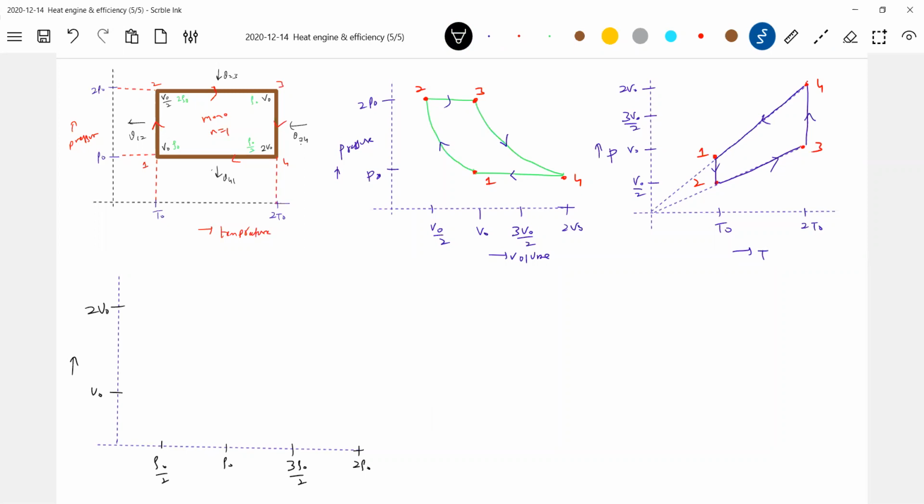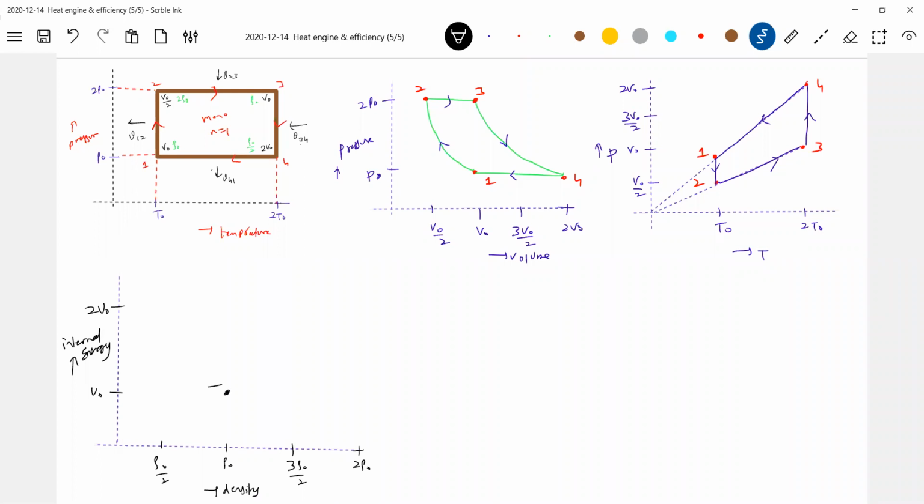This is internal energy. This is about the density. Okay, let's identify the points. First, point one. What is the density? Rho naught and temperature T naught means U naught. Rho naught, U naught. It should be 1.